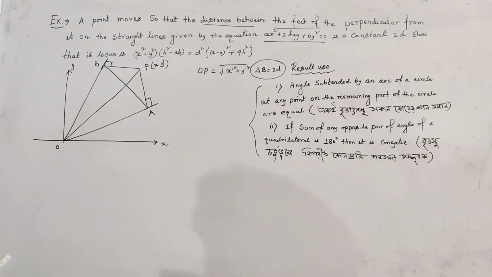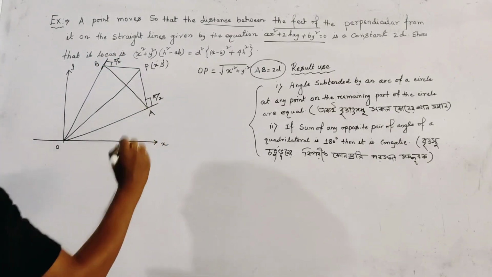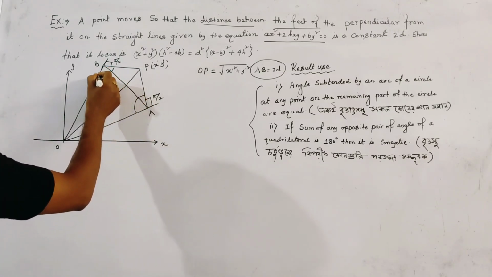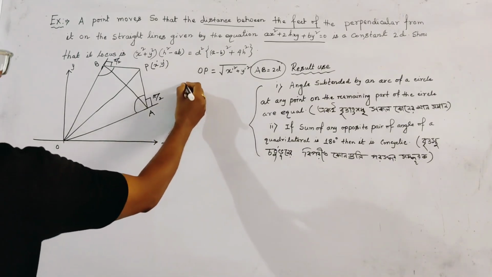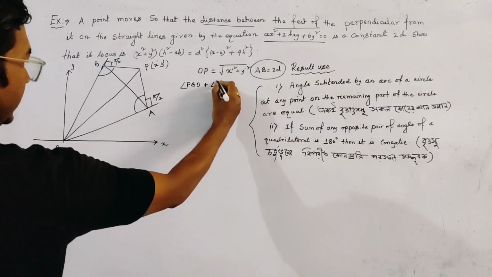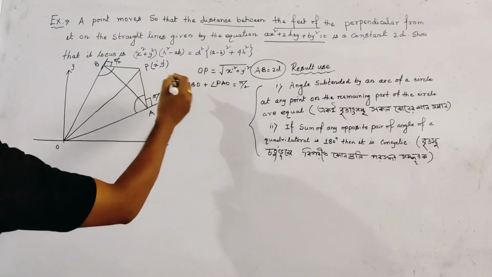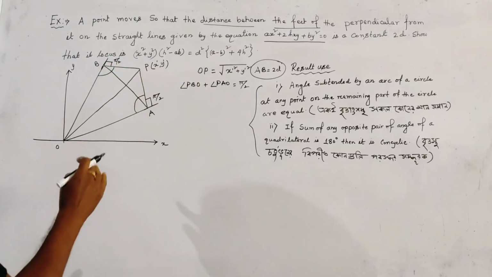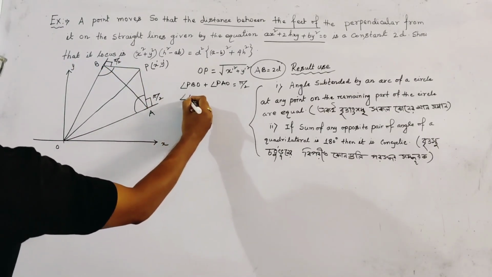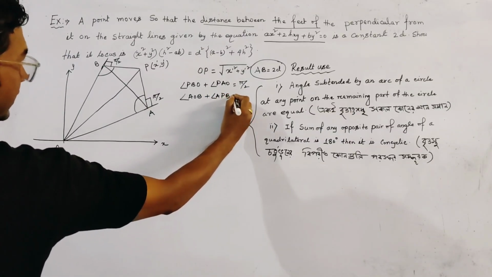Now here we first say this is pi by 2 and this is also pi by 2. So the sum of these two angles is pi, since angle PBO plus angle PAO is equal to pi by 2 plus pi by 2. So the sum of the other two angles of the quadrilateral OAPB, that is angle AOB plus angle APB, is also pi.